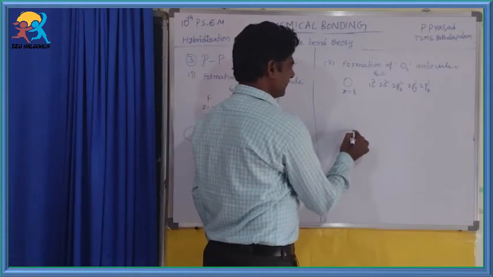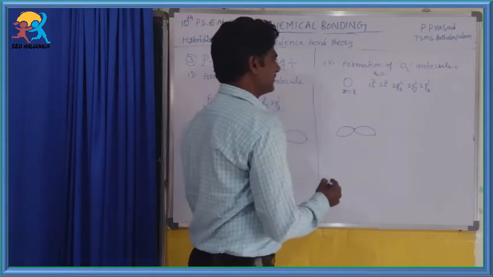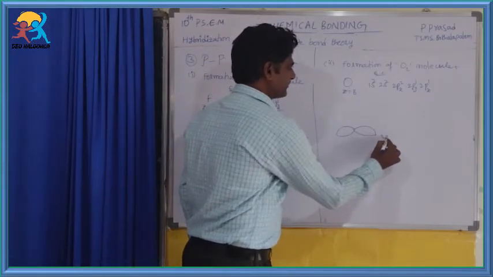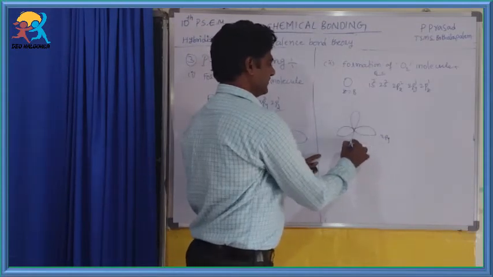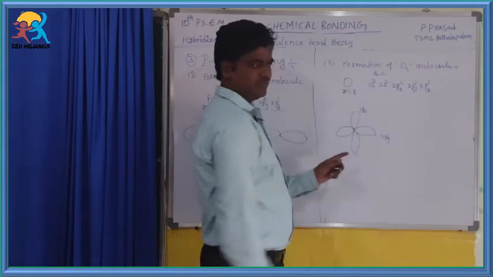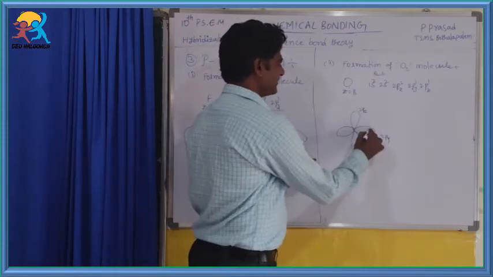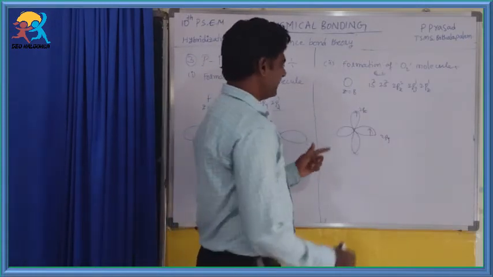So when two atoms come closer, what is the shape of p orbitals? Dumbbell. So let this be 2py, and this is 2pz. 2py and 2pz lie perpendicular to each other. 2py has one unpaired electron, 2pz has one unpaired electron.